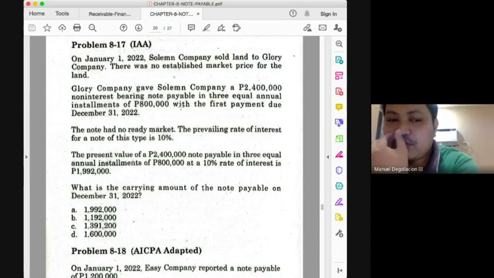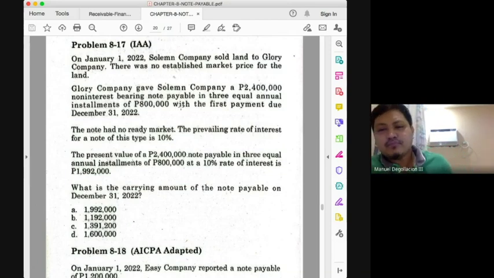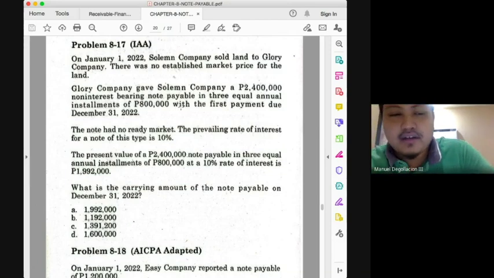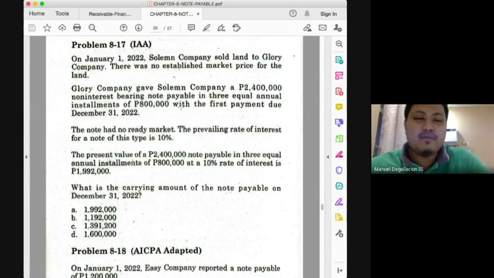Now, if you're asked how much is the balance for the notes payable after year 2, you deduct the 139,120 from the 800,000, you would get 660,880. And the 660,880 would represent the principal payment for the second year.